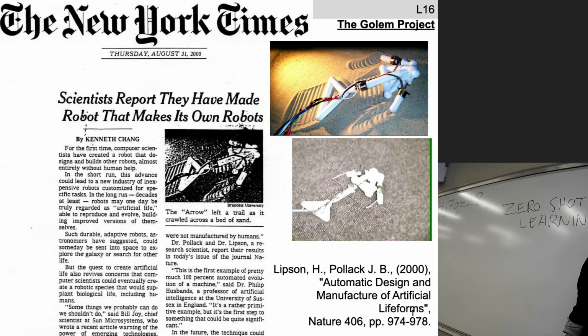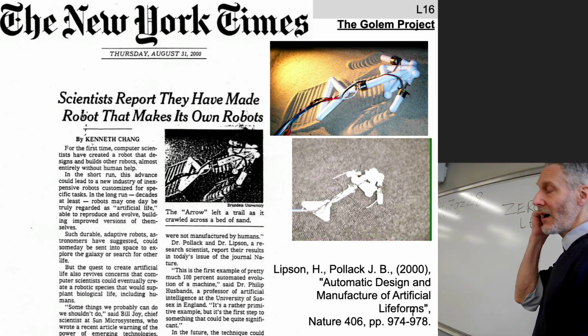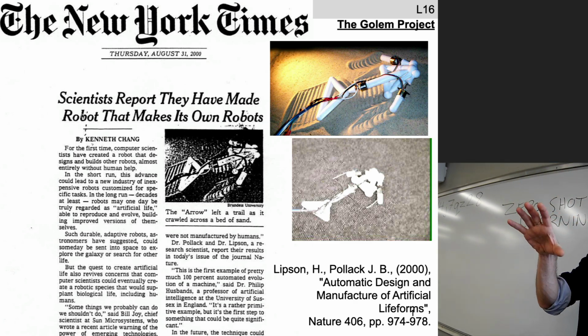What's going on here? I've just told you that in the Golem project, they were making use of a physics engine. So as you're going to see in a moment, you're going to see something that looks very familiar. They're going to evolve controllers for robots in simulation and then transfer them to these physical robots that you see here.